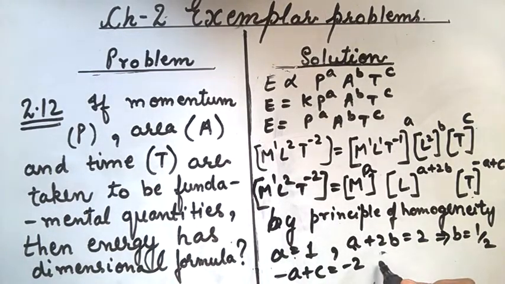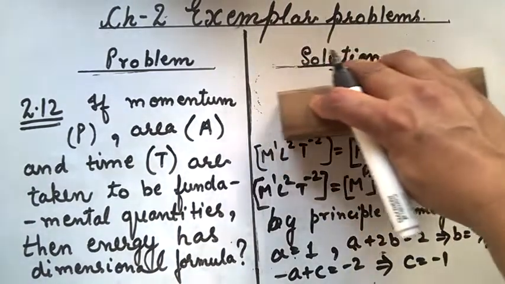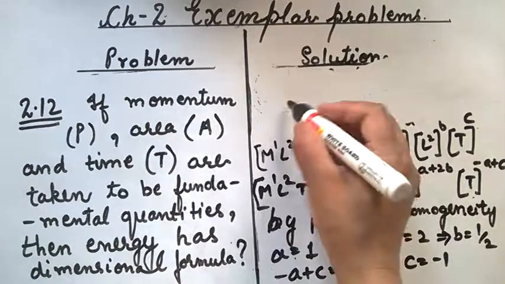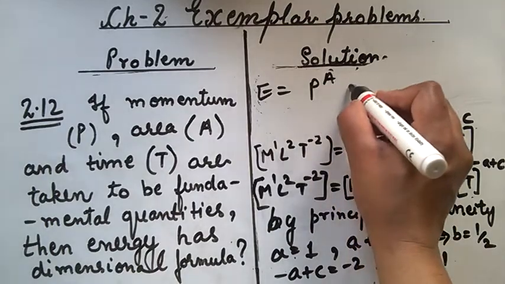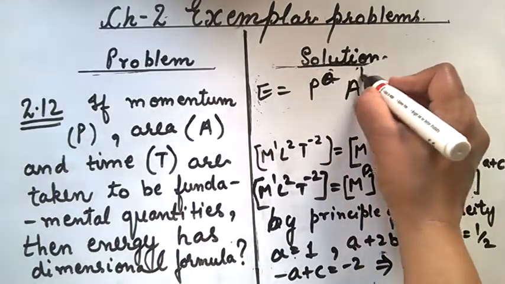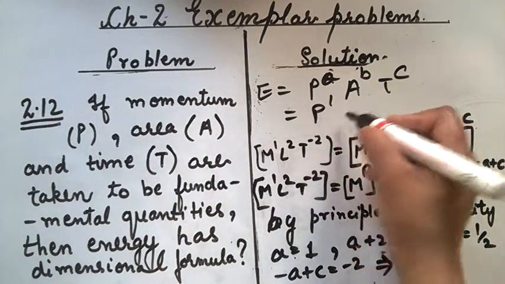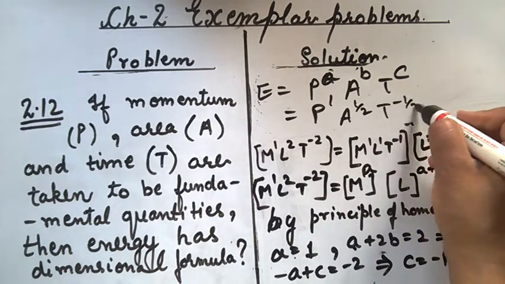So C is equal to minus 2 plus 1, C is equal to minus 1. Therefore, on substituting the values, we get P to the power A, A to the power B and T to the power C. So we get P1, A half and T minus 1 in terms of momentum, area and time.